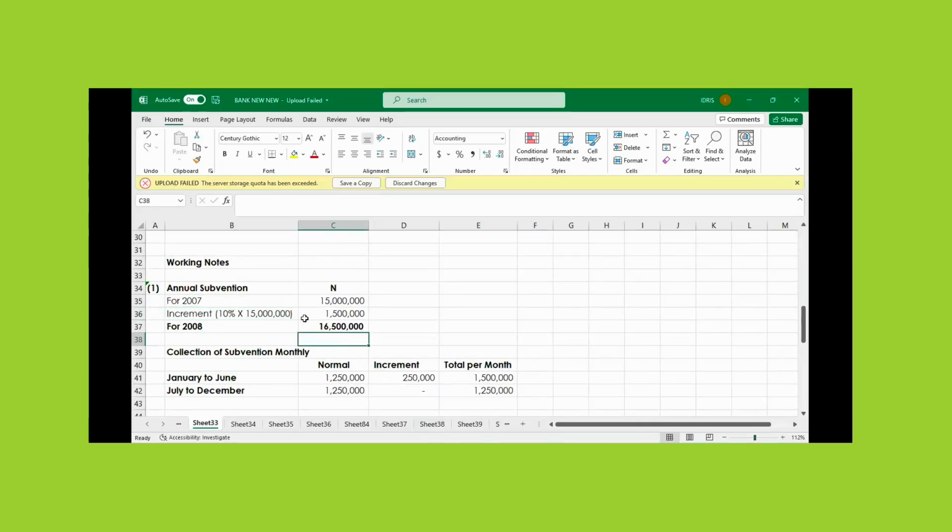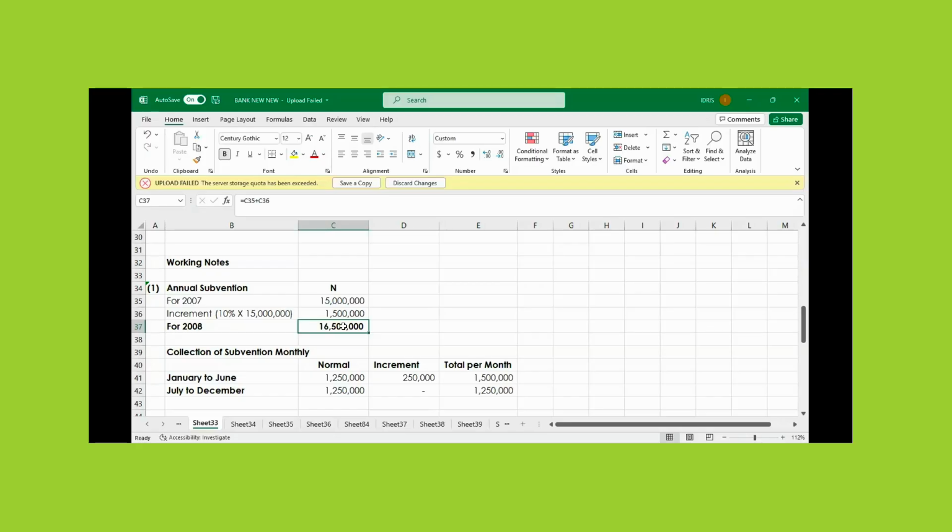So the increment, 10% of 15 million, is 1.5. That means for 2008, we are going to receive 16.5, Abi? Yes. If we want to know how much we are going to receive every month, what are we going to do to this 16.5? Divide by 12. Yes, we know how much we'll be receiving every month.